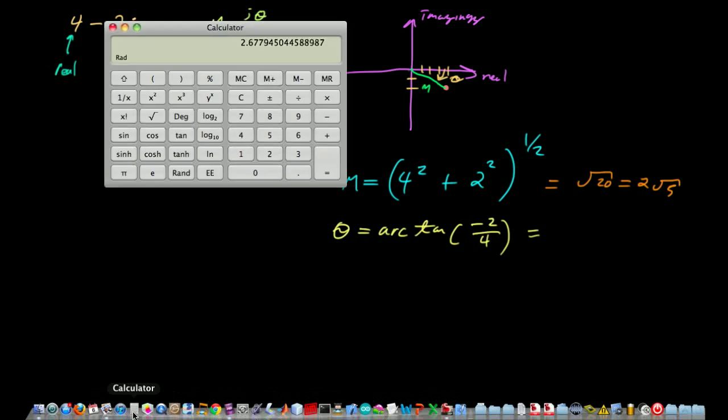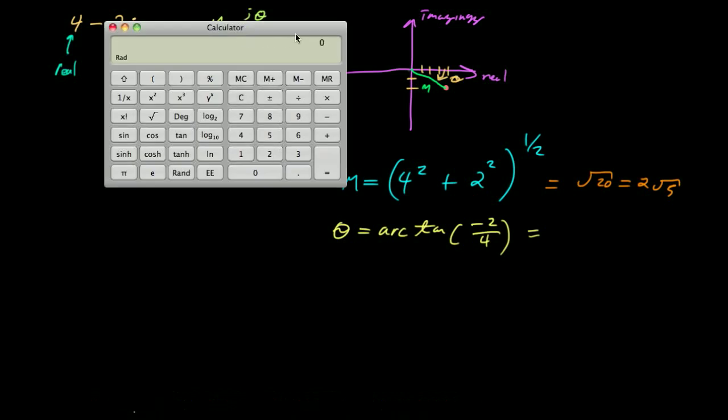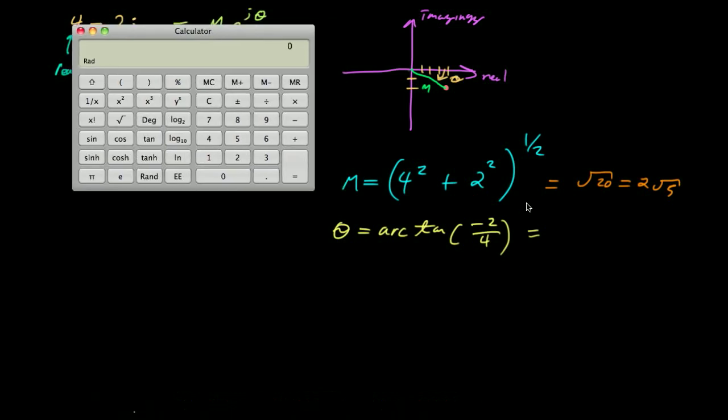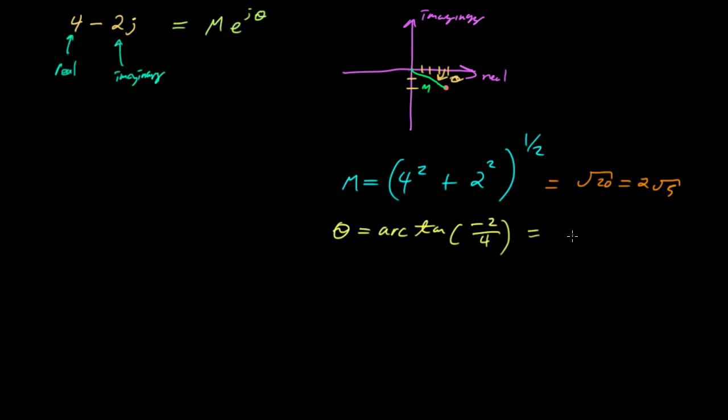So let me get the calculator out. This is going to go down to minus 0.5. If I take the inverse tangent of that, I get negative 0.4636. So my phase angle is minus 0.4636.